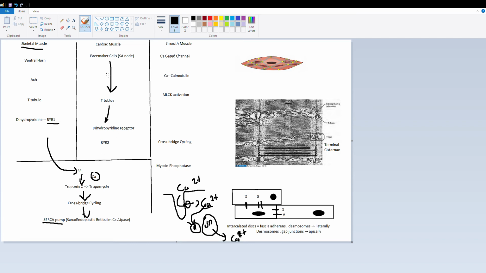And in cardiac muscle, the dihydropyridine receptor acts as a calcium channel, and this lets extracellular calcium come in and act on the ryanodine receptor, which in this case is a ryanodine receptor type 2, here it's a type 1, which will do the same thing that the ryanodine 1 does. It will let calcium flow out of the SR, then the exact same thing happens as in skeletal muscle. Troponin C binds calcium, moves tropomyosin out of the way, then we have cross-bridge cycling.